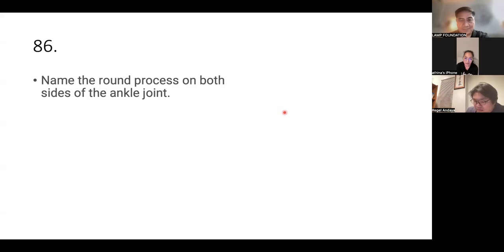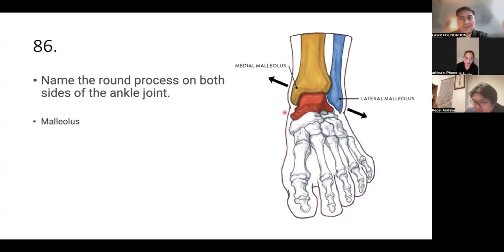It's called the malleolus. The plural is malleoli. Of course, this one is the lateral malleolus, the medial malleolus. This is very, very important because there are many important points below the malleolus, coming soon, and you will love it, no?